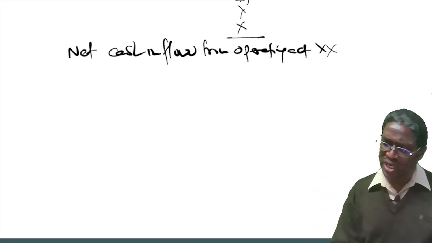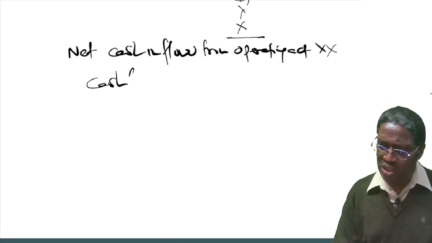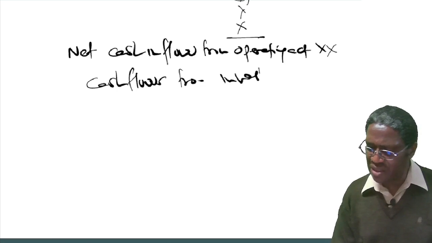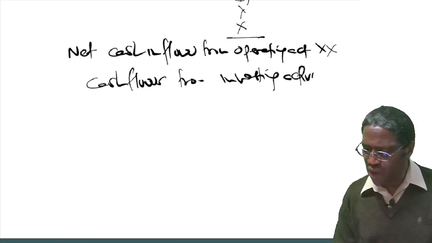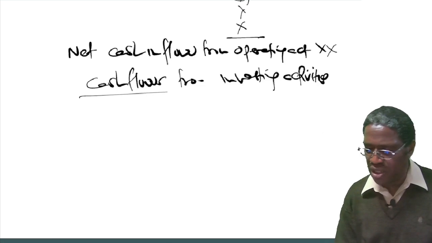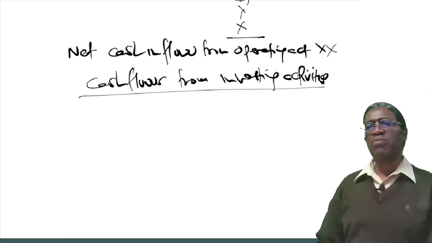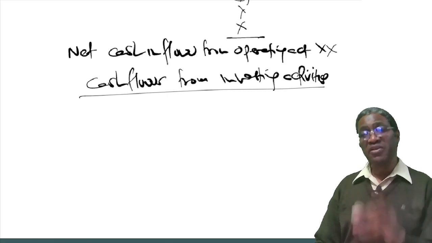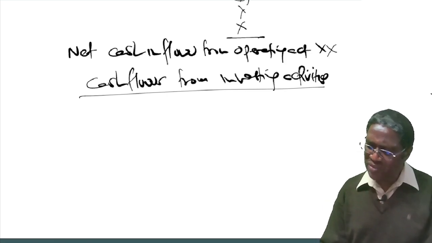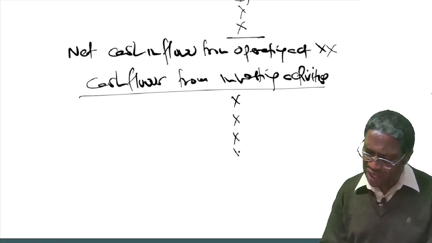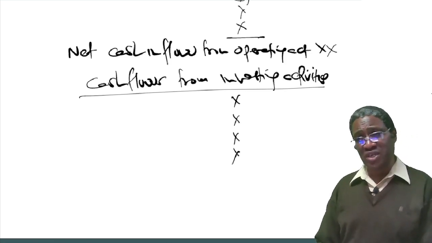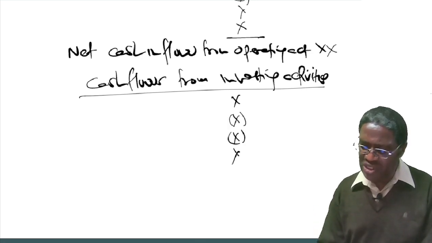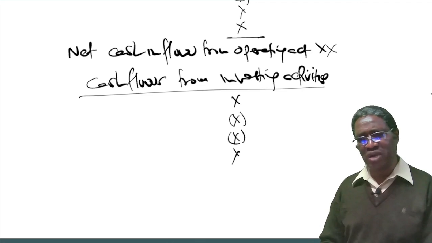Then you go to the second category, which is cash flows from investing activities. You again have to identify as a company what your cash flows from investing activities are. Whatever cash flows you identify from investing activities, some again will be positive, some negative.